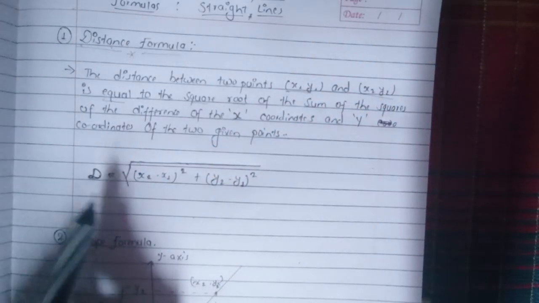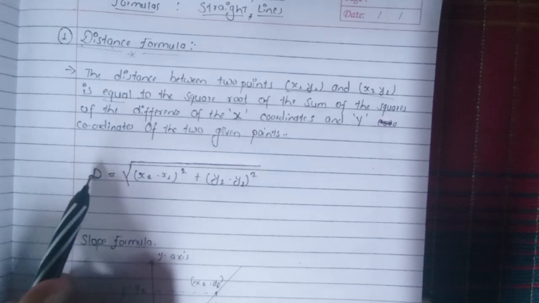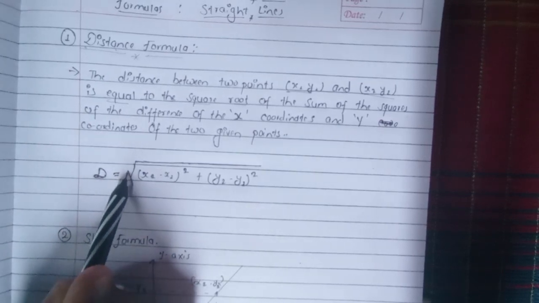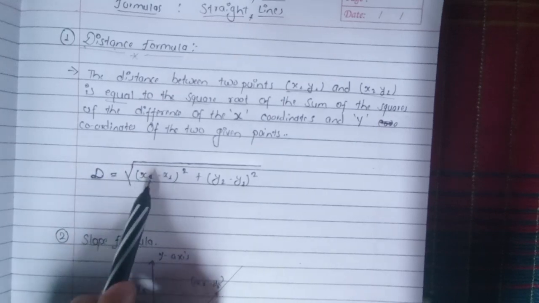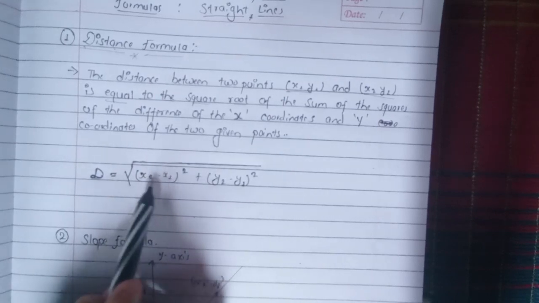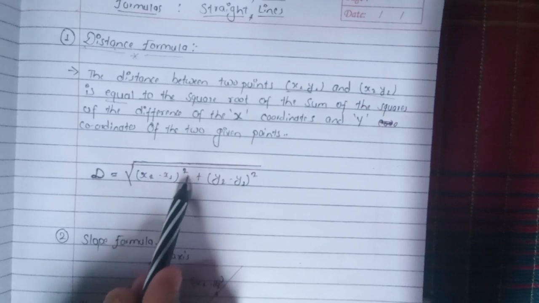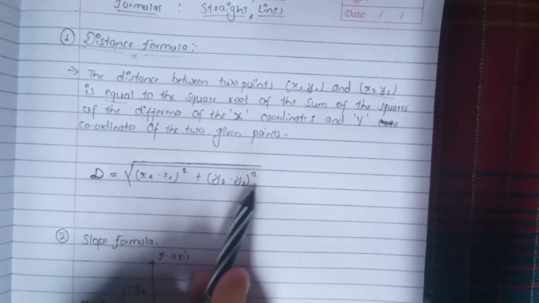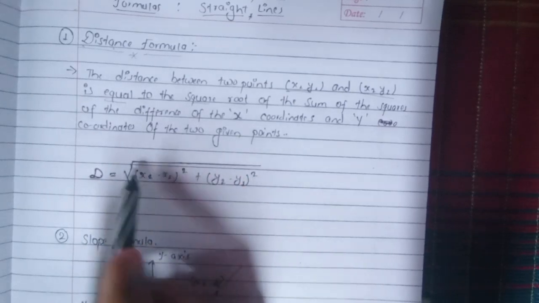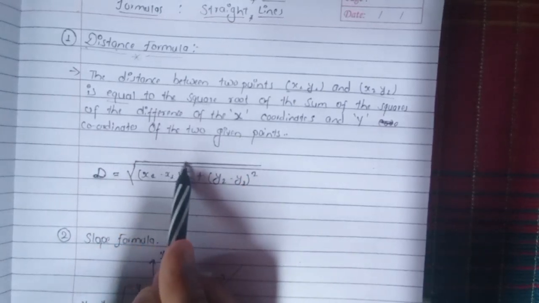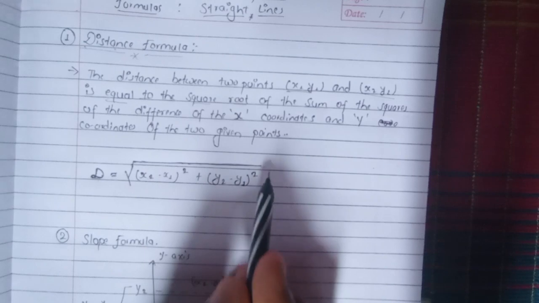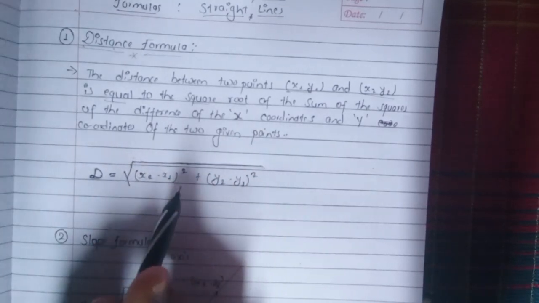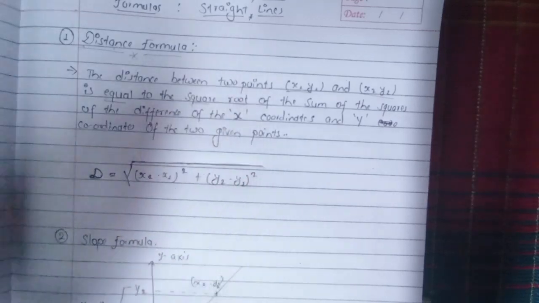And what is this formula? We can write distance d is equal to the square root of x2 minus x1 whole square plus y2 minus y1 whole square, the whole under the root.